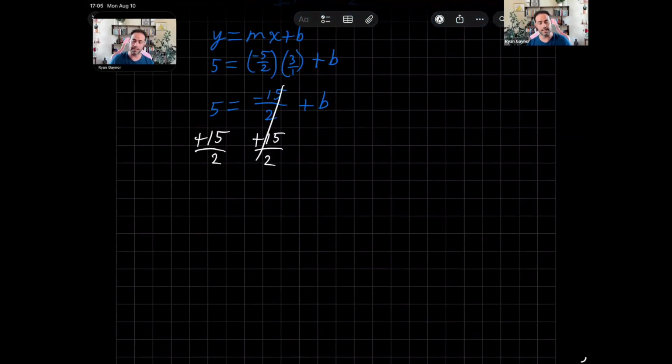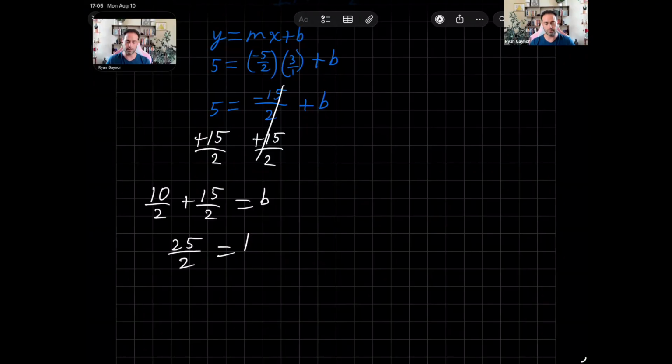The denominator right now is 2 and 1, so it's going to be 2. So I'm going to multiply each thing by 2. So the 5 changes to 10 over 2. What's 10 divided by 2? That's 5. So I didn't change the value. Plus the 15 over 2 equals b. So now I'm going to have 25 over 2 equals b.